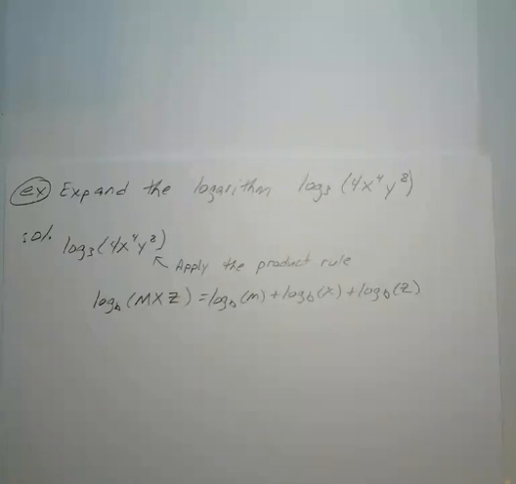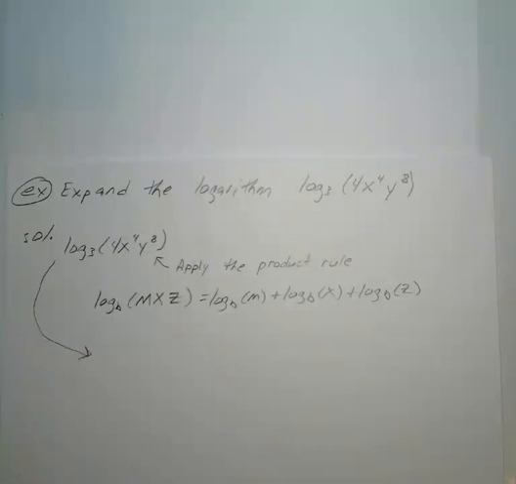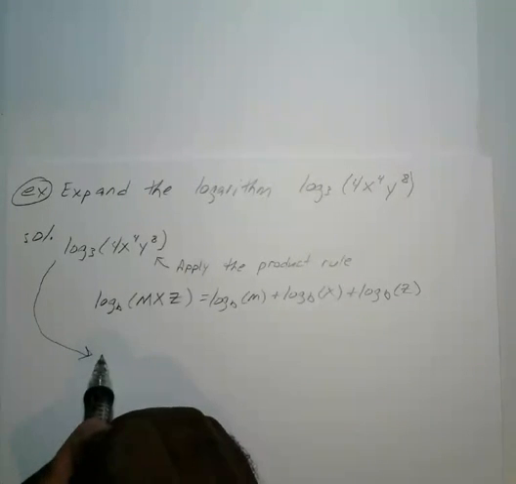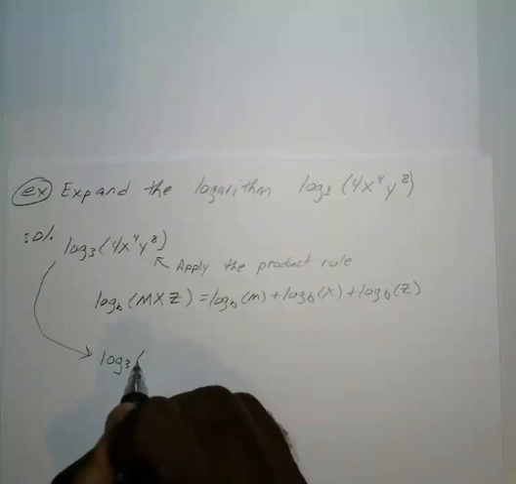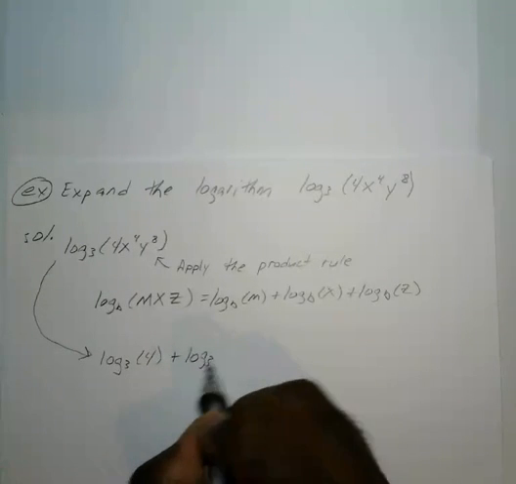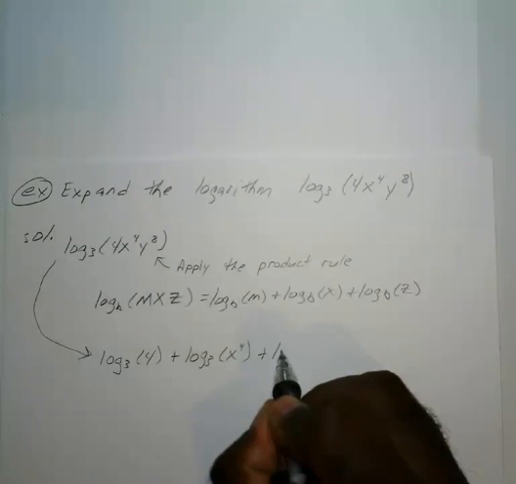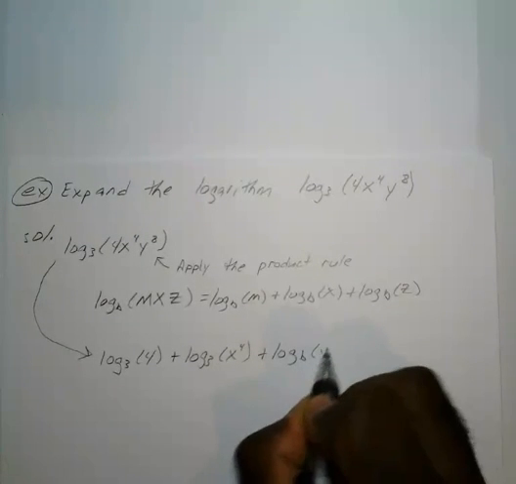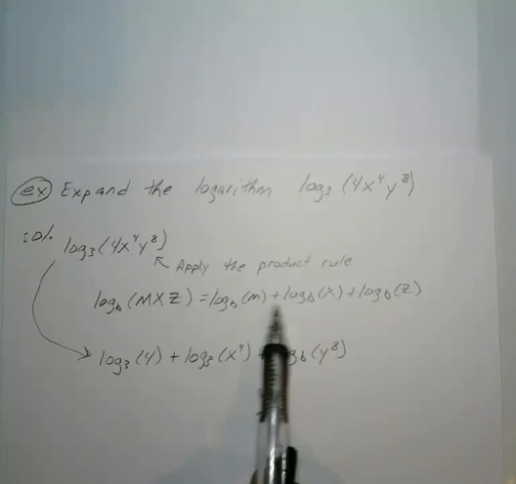Alright, so let's go ahead and rewrite this as log base 3 of 4 plus log base 3 of x to the 4th power plus log base 3 of y to the 8th power. Alright? Okay, so that's all we can do with the product rule.